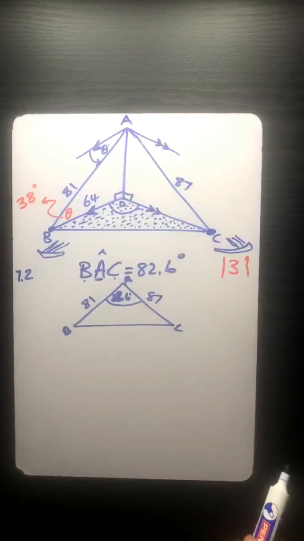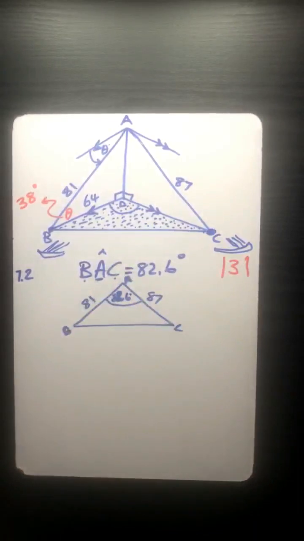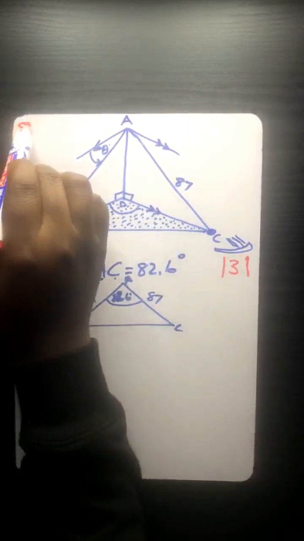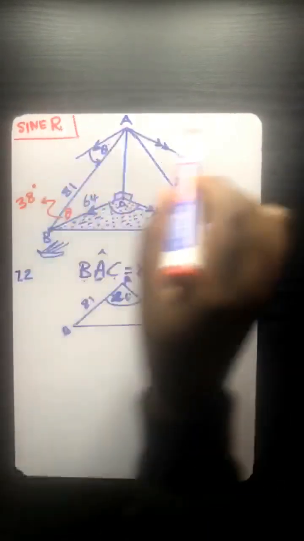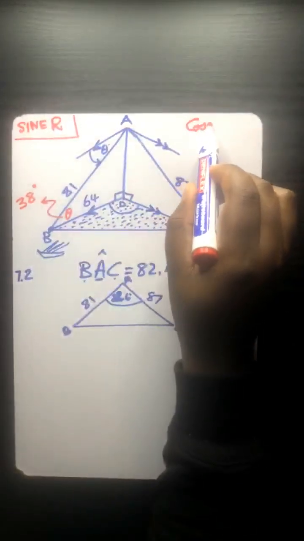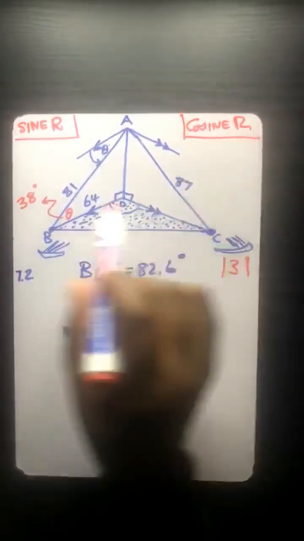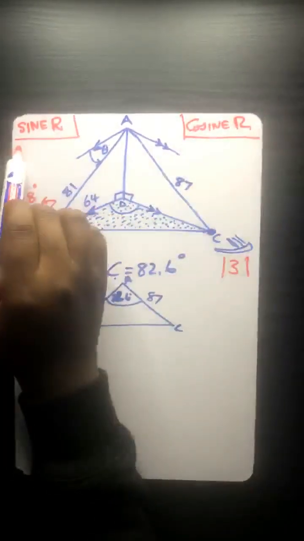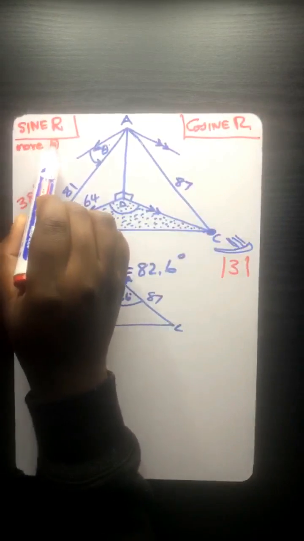Remember, with this chapter, you either use the sine rule or the cosine rule. The sine rule you use if you have more angles.